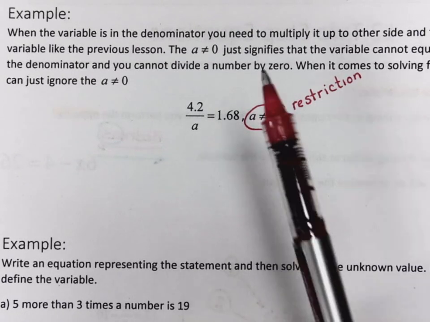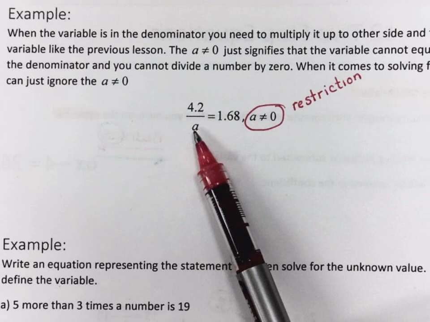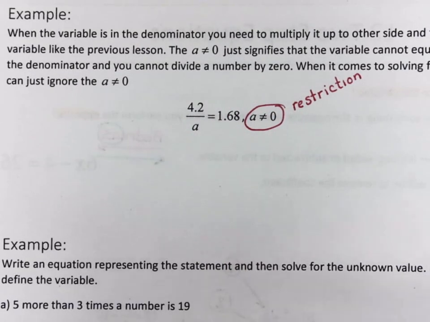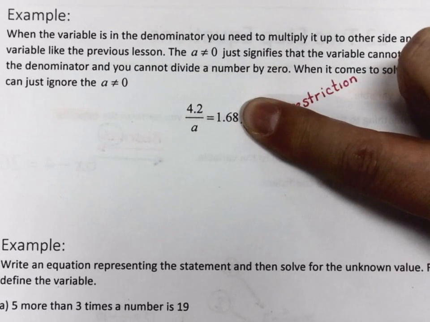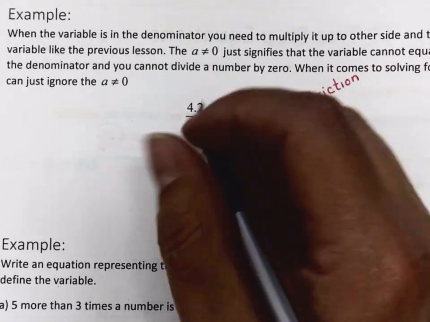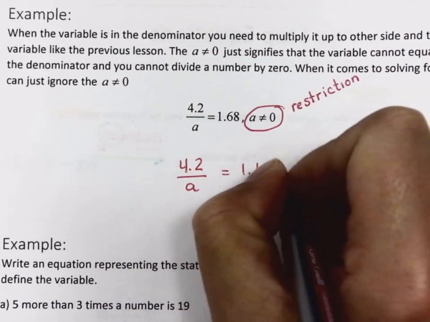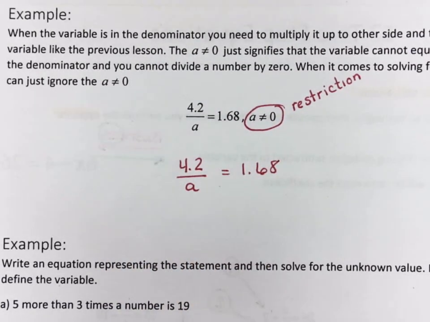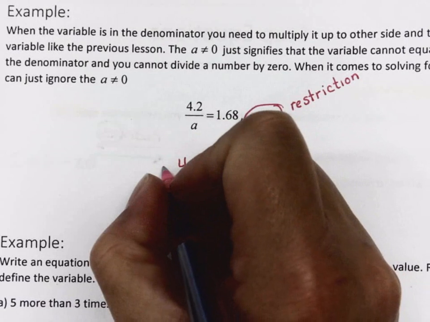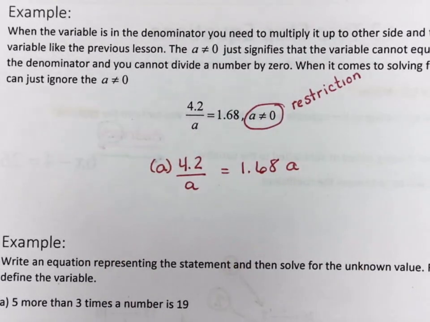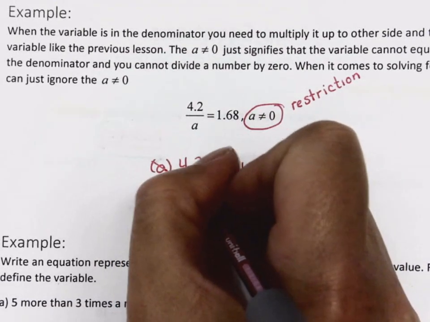So we're going to deal with this by getting it off the denominator. So this is divide by A, right? Right now we're just going to ignore that restriction. So maybe I'll rewrite the equation: 4.2 divided by A equals 1.68. There's no add or subtract, so I don't have to worry about that. It's a divide by A, so we're going to times by A and times by A. So those A's are going to be equal to 1.